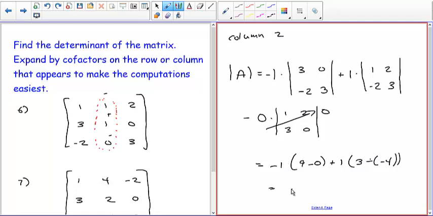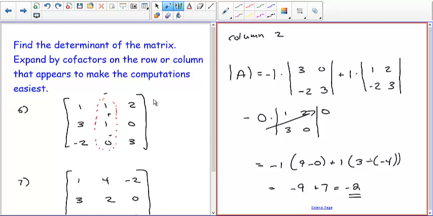So here I got negative 9. So 9 minus 0 is 9. 9 times negative 1 is negative 9. And here I'll have 3 plus 4. Minus and minus is plus. So you get 7. 7 times 1 is 7. And the answer is negative 2. So that's the determinant of this matrix.